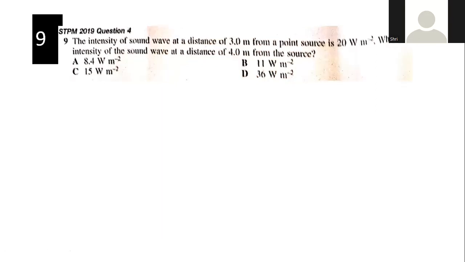Number 9. Intensity of a sound wave at 3 meters from the point source is 20. What is the intensity? Go back.